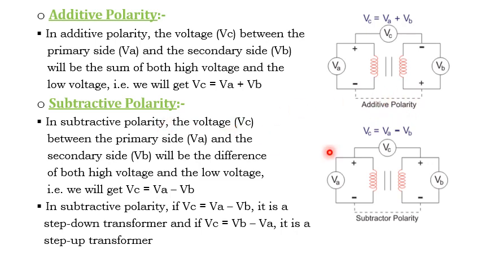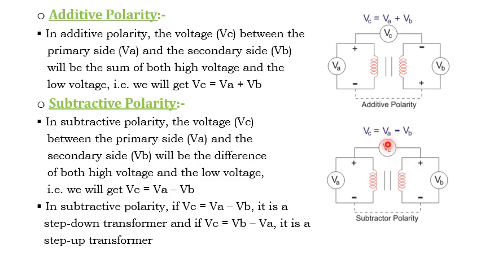In subtractive polarity, so let us consider this is a subtractive polarity. Here this is the primary winding, this is the secondary winding. I just considered there is one voltmeter VA which measures the primary side voltage, and another voltmeter VB which measures the secondary side voltage.